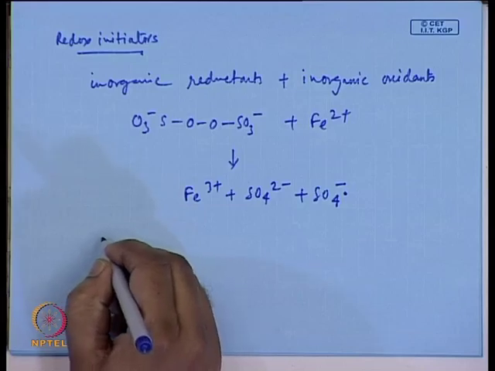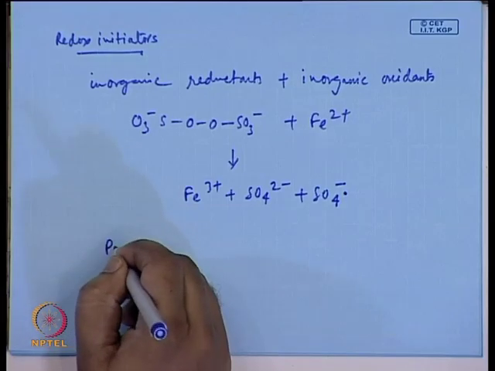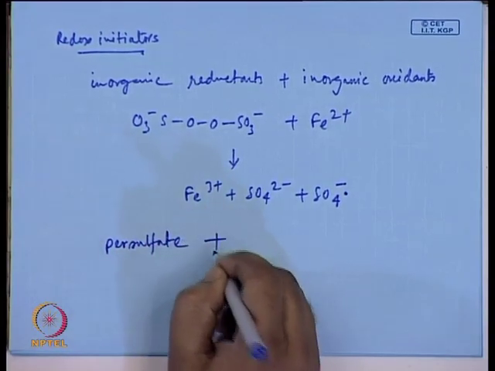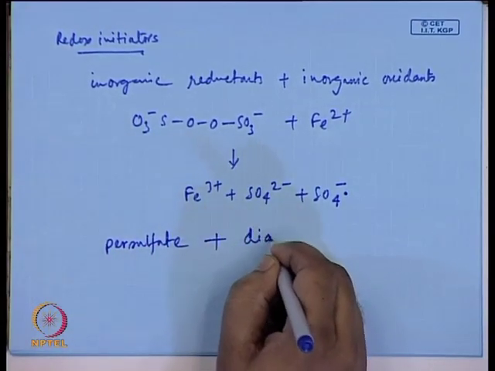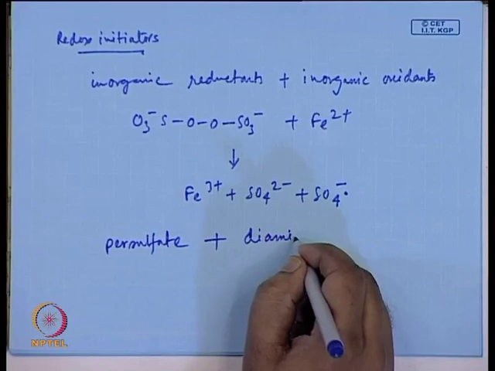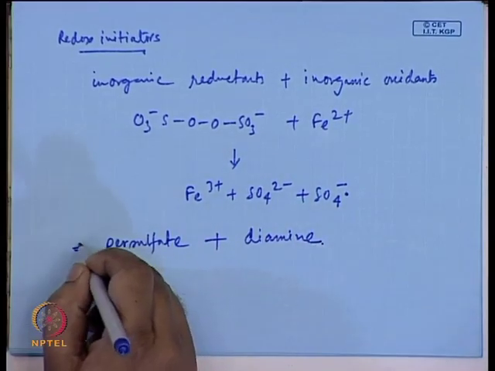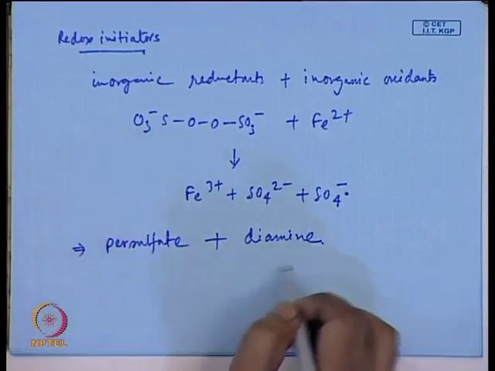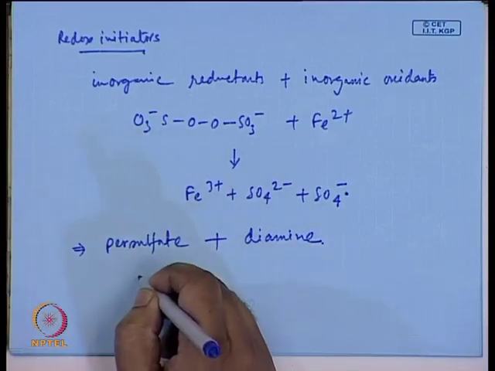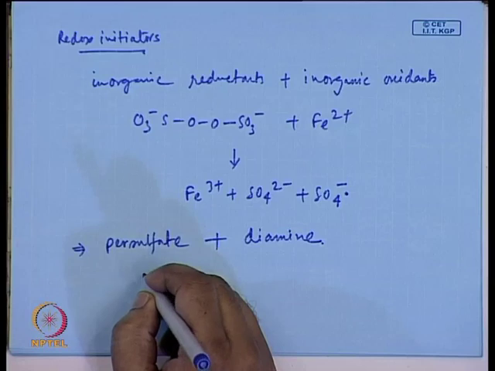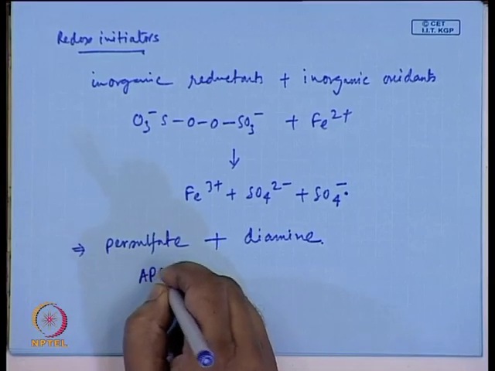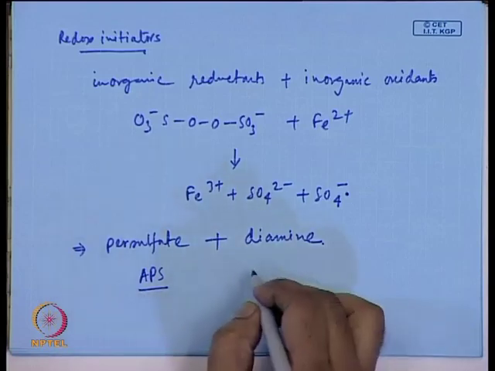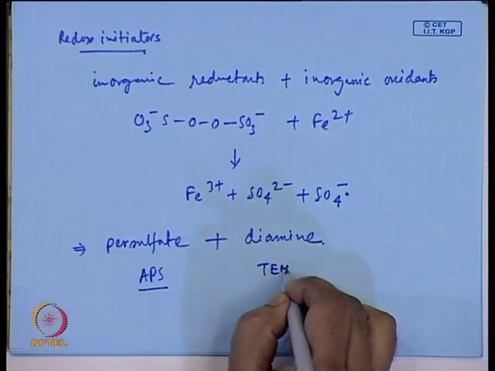The other examples could be persulfate plus diamine. A very popular use of this combination is for making polyacrylamide gels, which is a combination of ammonium persulfate, APS, and TMED.